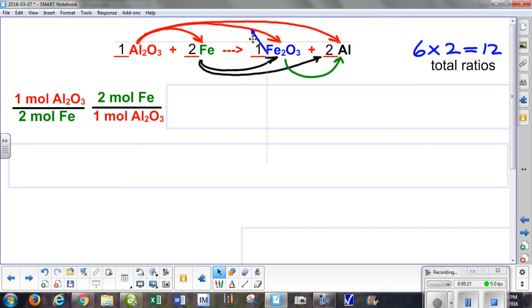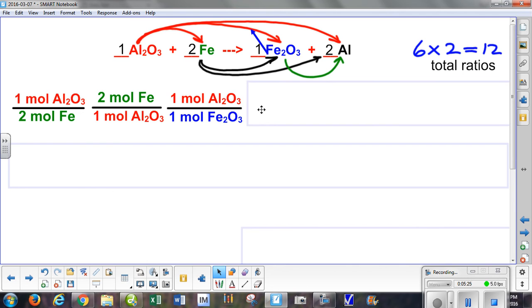Then I'm going to go to this arrow. And for that arrow, I have 1 mole of aluminum oxide to 1 mole of iron 3 oxide, this stuff.